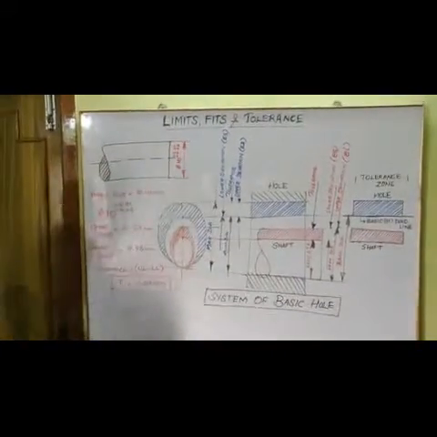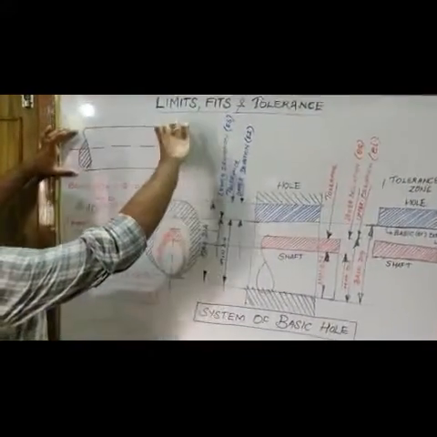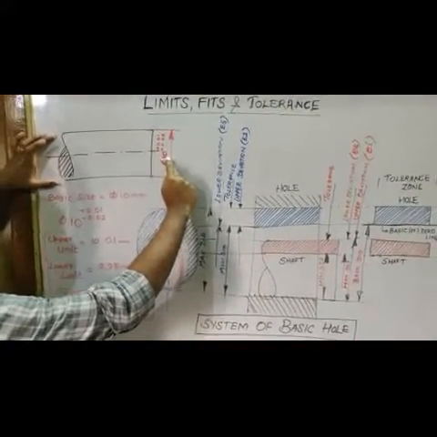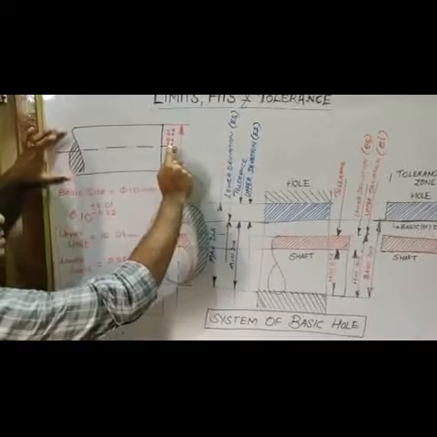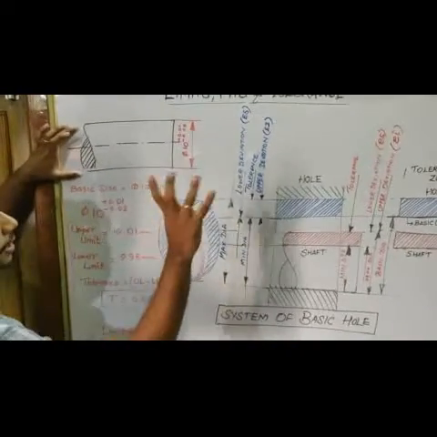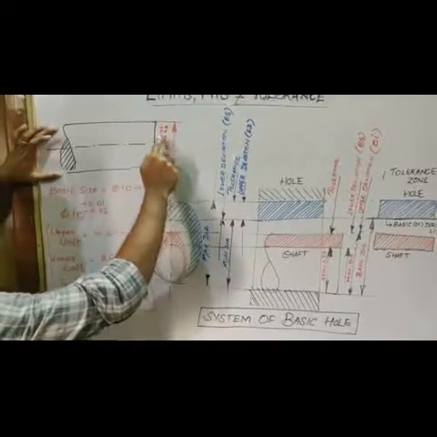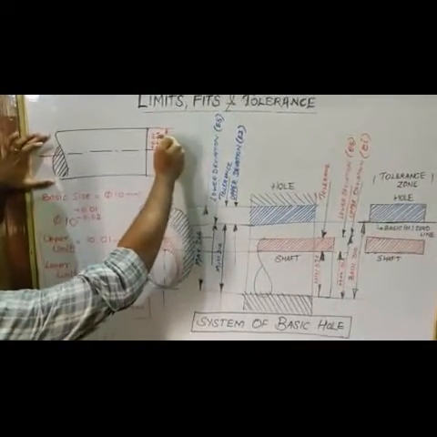To show the tolerance, I have a shaft here, right? That shaft is having a basic size of 10 mm, which is having some allowances because we are having so many error factors. So for that we are giving some allowance here. In plus it is 0.01, in minus it is 0.02.